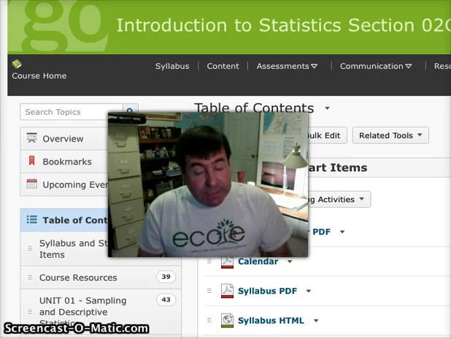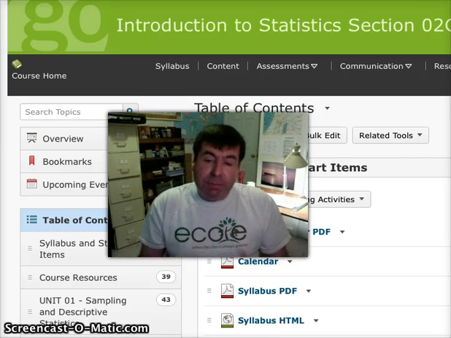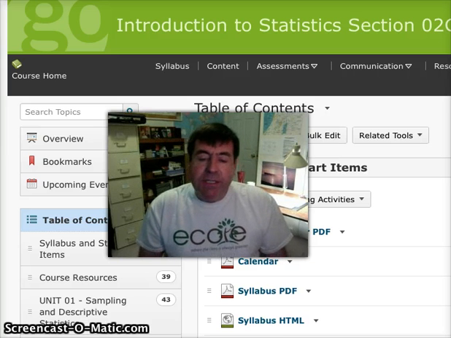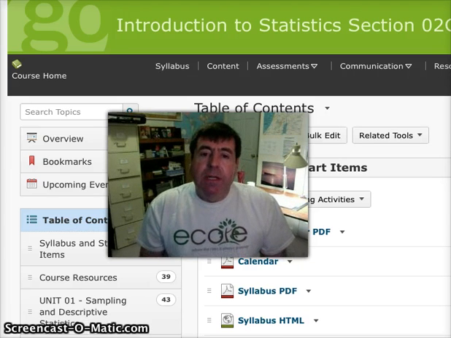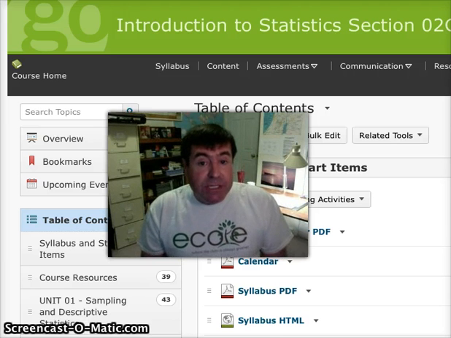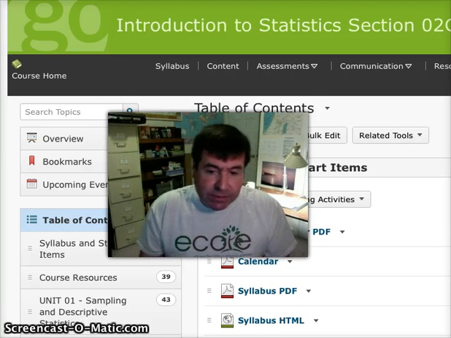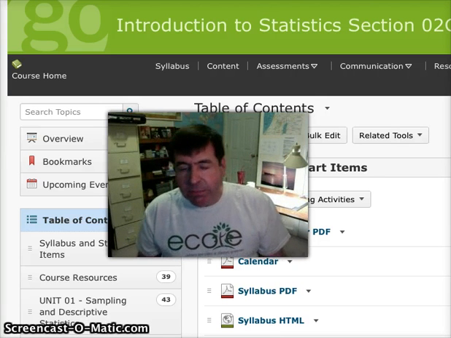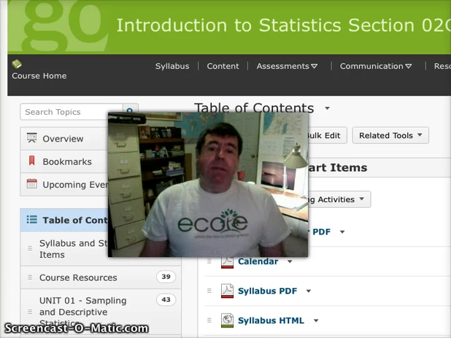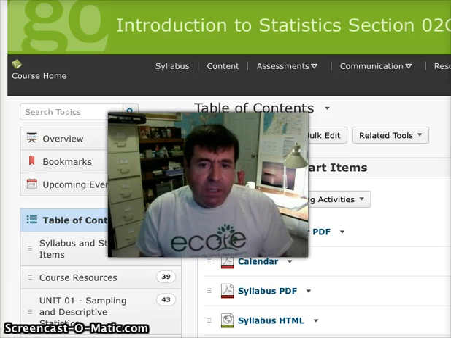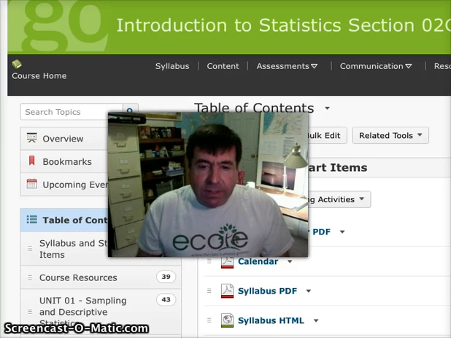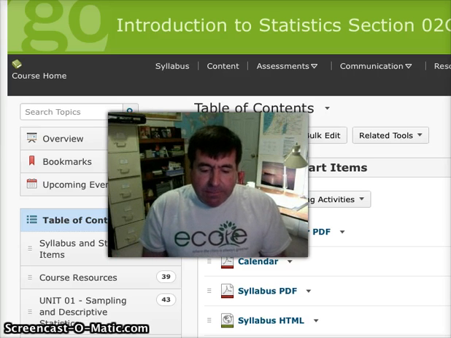The data needs to mean something. It needs to measure something accurately. It needs to be displayed properly, and it needs to be understood, and usually it leads to a decision. We're going to do this. We're going to make this policy. We're going to change up something that we're doing here to improve our productivity. So again, that in a nutshell is what statistics is.